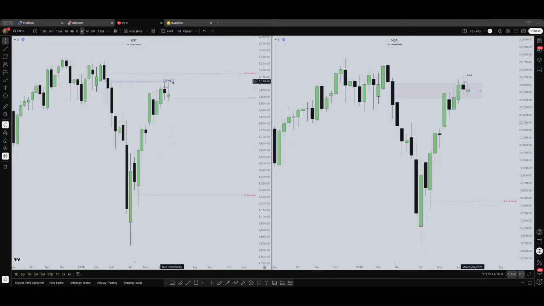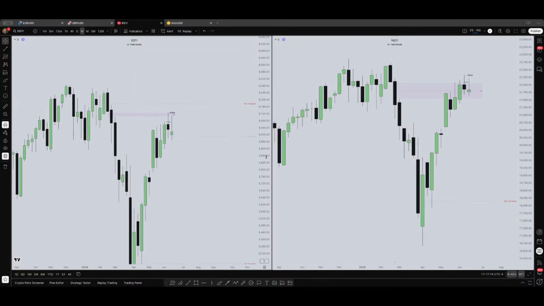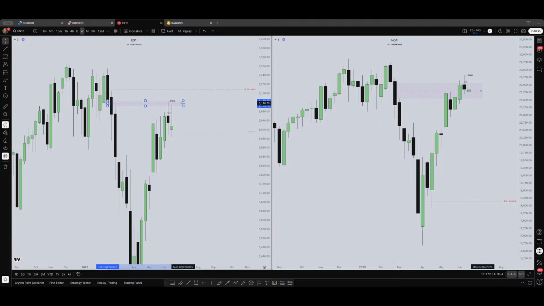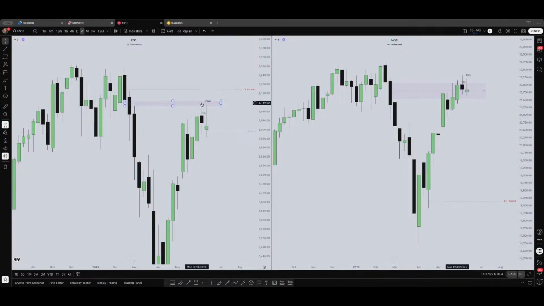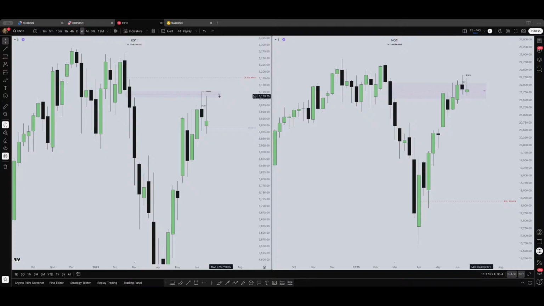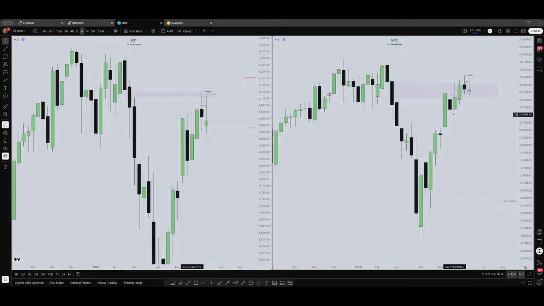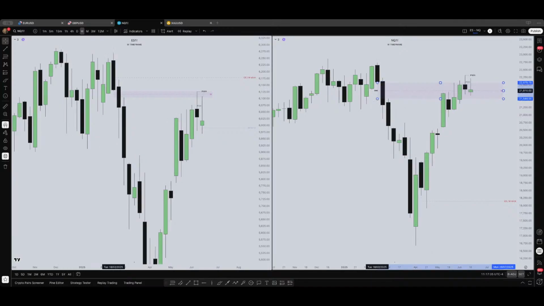So far this weekly fair value gap is acting nicely, holding price. Wicks going through it, so in Nasdaq, but nobody so far has been above these areas, these fair value gaps. This is a weekly fair value gap. You can see this is the imbalance area.